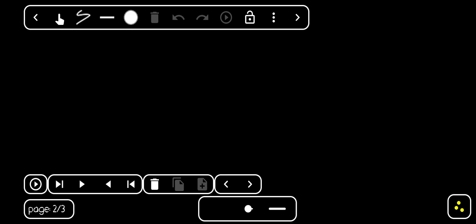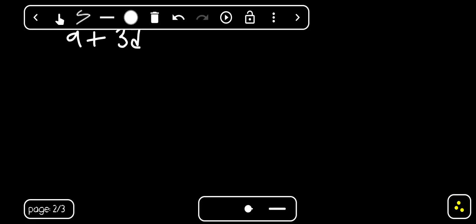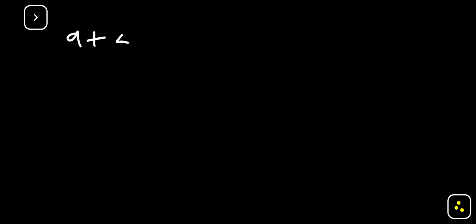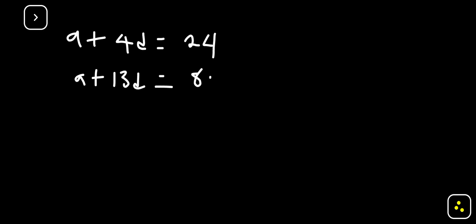So we have A plus 4D, since we're dealing with the fifth term. A plus 4D is equal to 28, and A plus 13D is equal to 82.